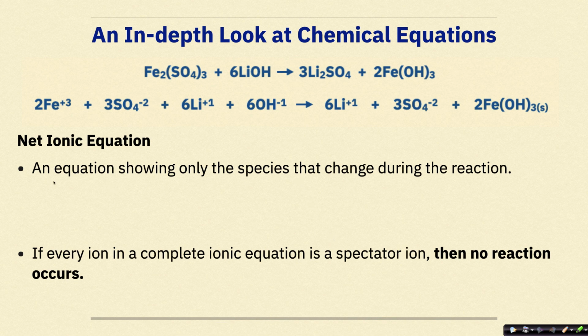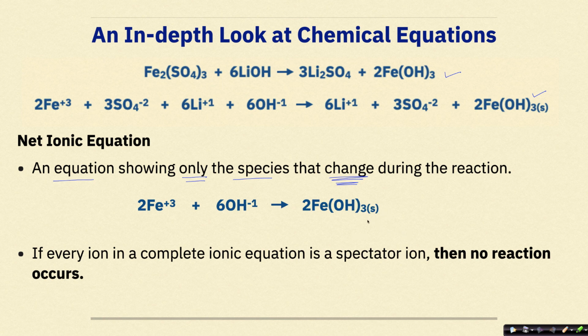Now we move on to the net ionic equation. This is an equation showing only the species that change. Only the species that change during the reaction. So if we take a look at our molecular equation, and then we have our ionic equation where we see everything as ions except for the thing that formed a solid, the net ionic equation would be 2Fe plus 3, 6OH minus 1, and 2Fe(OH)3 solid.